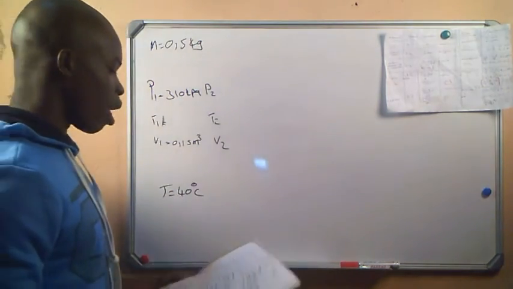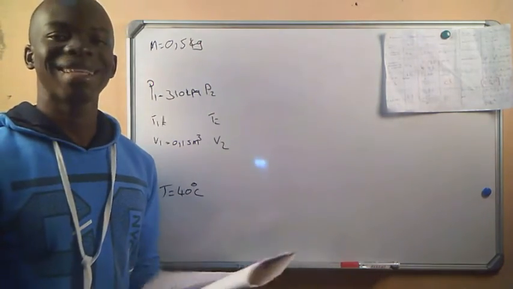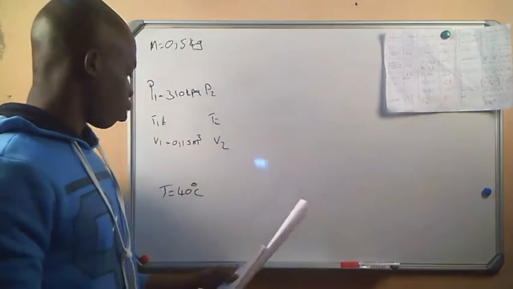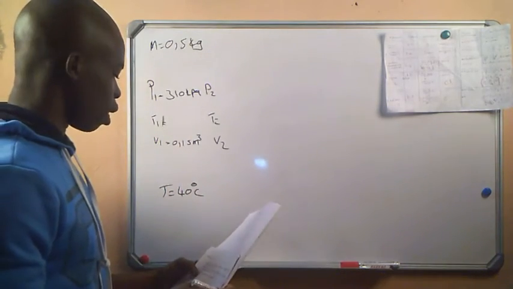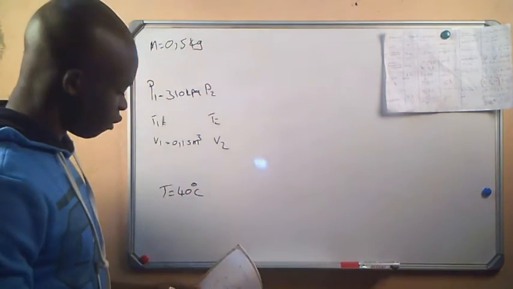Our temperature now is given in 40 degrees Celsius. And we remember what you said: in these formulas you do not use a temperature that is in degrees Celsius. So it must be converted into Kelvin.